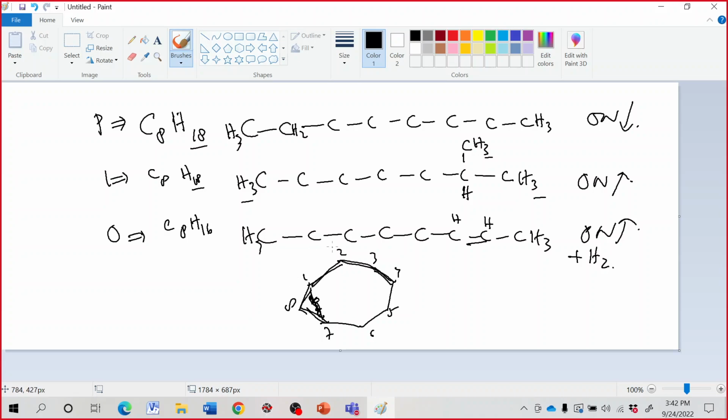Say, for example, I just make a simple cyclic, so you have a naphthenic C8H16 as well. So this is going to make you release hydrogen, octane number going up.